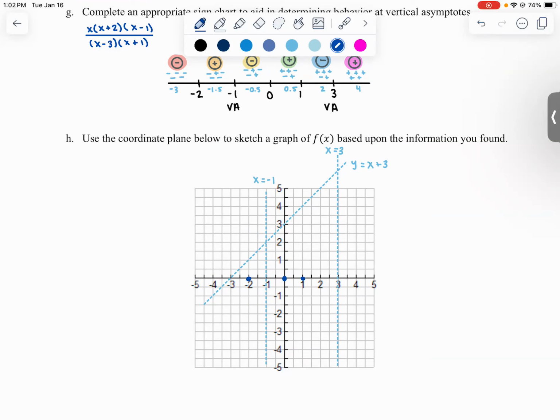If we are looking at our sign chart, we can use that to determine what our graph looks like. So first of all, on the far left-hand side, I am told that my graph is negative. Now, just like with our other asymptotes, we need to follow them. What this means is that if the far left-hand portion of my graph is negative, I need to start down below the x-axis.